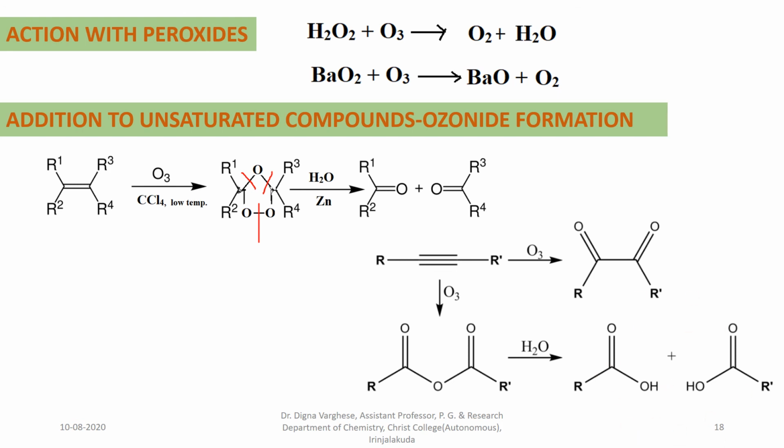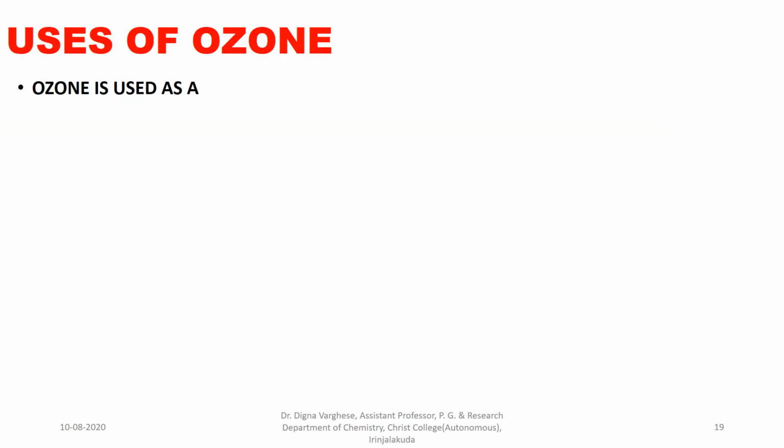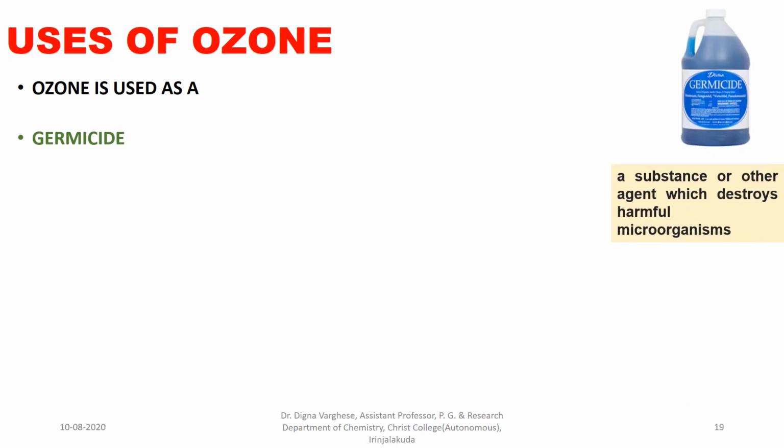These are some important chemical properties of ozone. Uses of ozone. Ozone is used as a germicide, a substance or other agent which destroys harmful microorganisms, known as a germicide. Ozone is also used as a disinfectant.